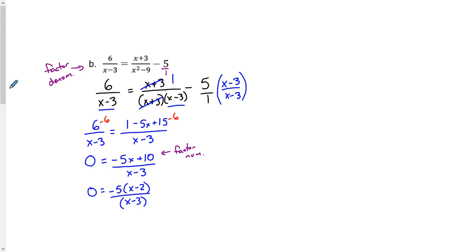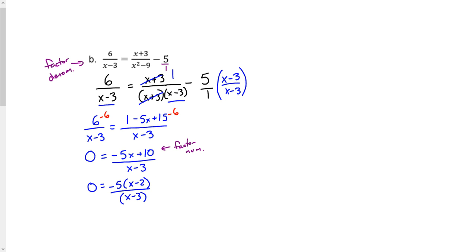There's nothing in common, so there's nothing to cancel off. But what I can do is just multiply both sides by that denominator to get rid of it, because these would be gone.